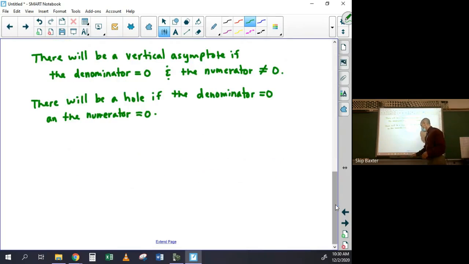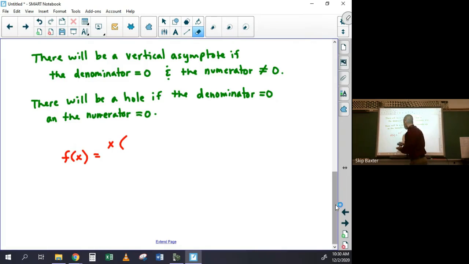For example, if I had f of x equals x squared minus 1 over x minus 1.